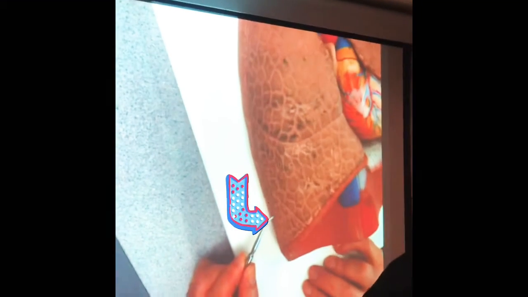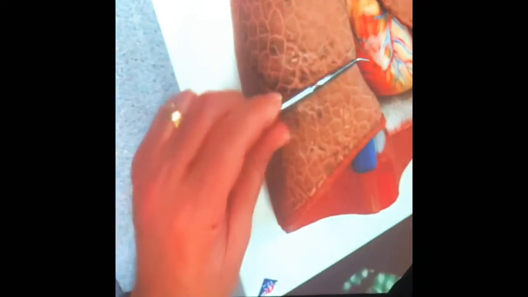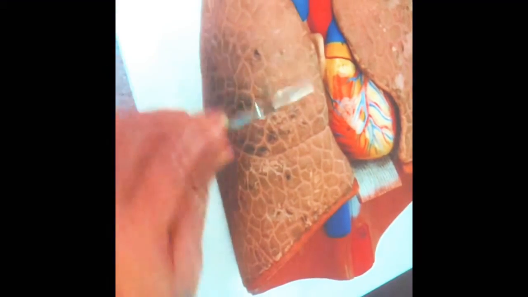Now, if we look at the right side, it has this oblique fissure coming through right here. Everything behind it is the inferior lobe, mainly in the back. But it also has this horizontal fissure, and that separates out a superior from a middle lobe.